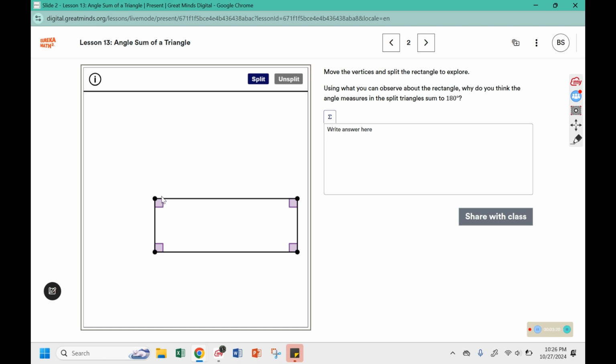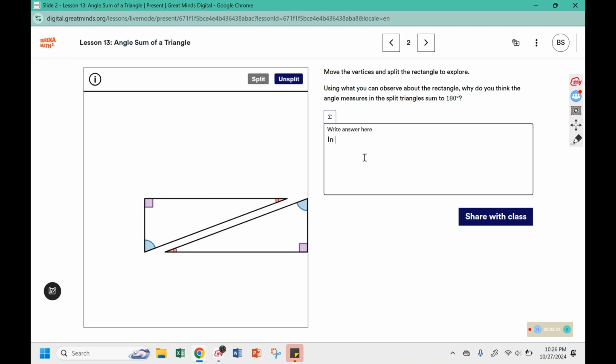Well, in a rectangle, 90, 180, 270, 360, and if I split it, what would that be? So in a rectangle, 4 of the angles are 90 degrees.